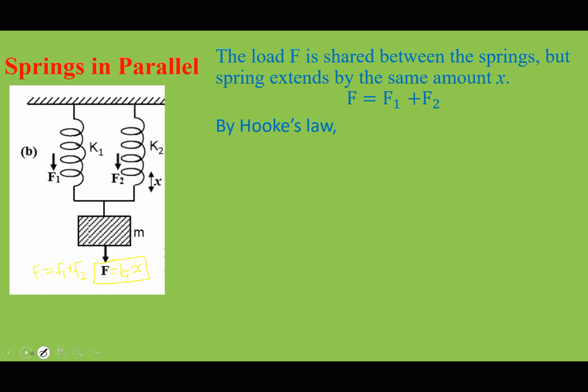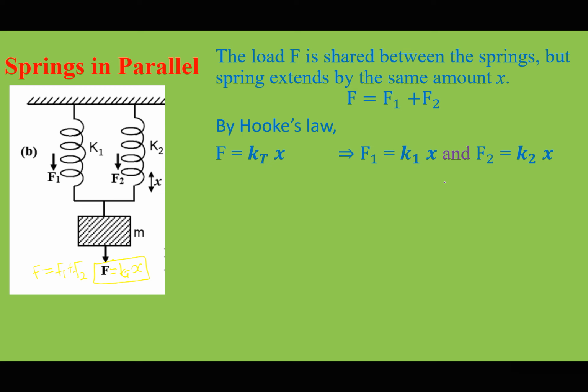So by Hooke's law, F is going to be equal to KT, where KT is the total constant, times X, which is the effective extension, which means for F1 it will be K1 times X, and for F2 it will be K2 times X. So mark the difference between series and parallel. For parallel, the extension is the same, and for series, the load was the same. The experienced load was the same.